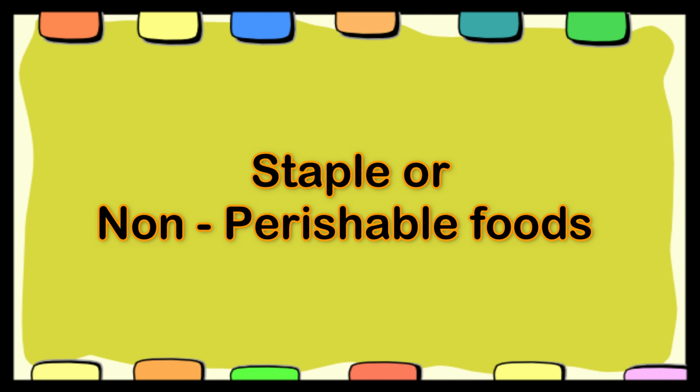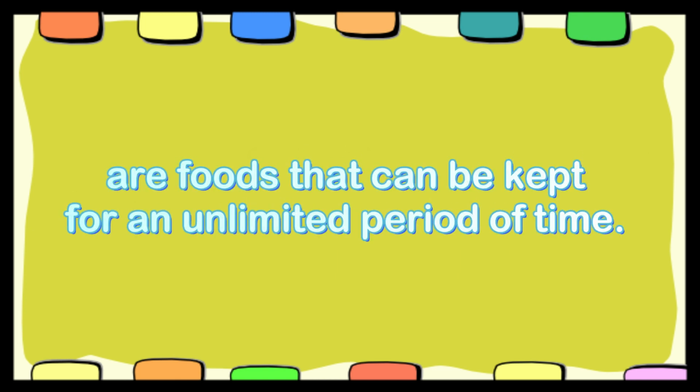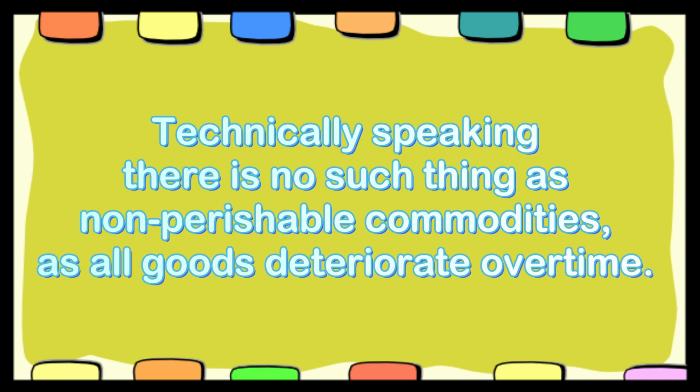And last, staple or non-perishable foods. These are the foods that can be kept for an unlimited period of time. But technically speaking, there is no such thing as non-perishable goods, as all goods deteriorate over time.